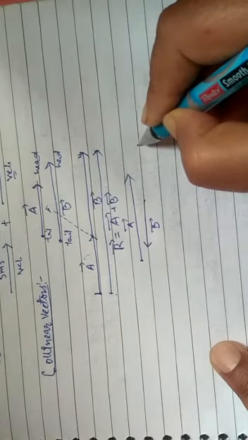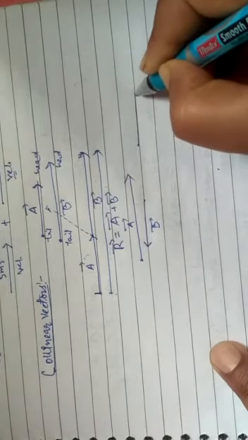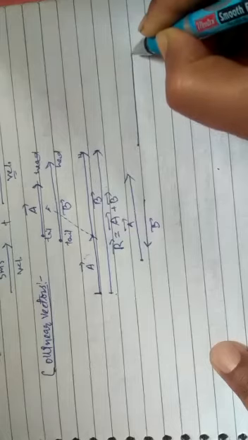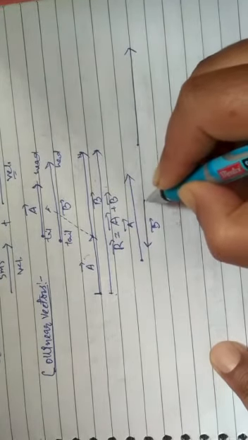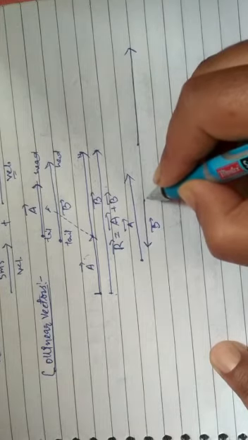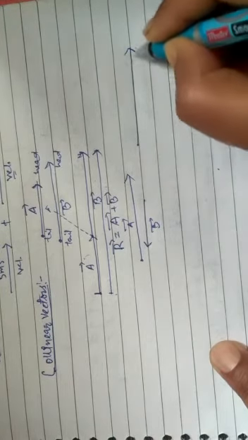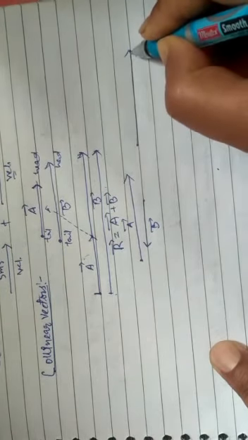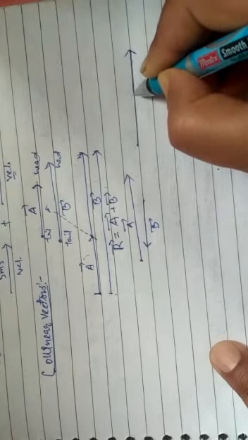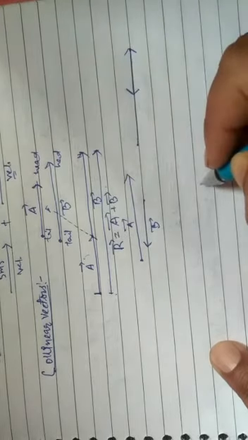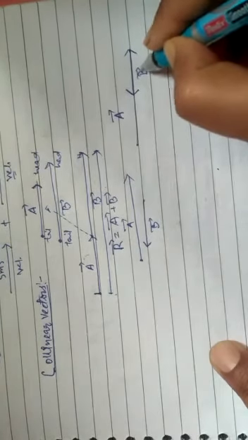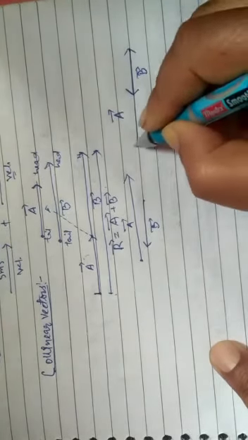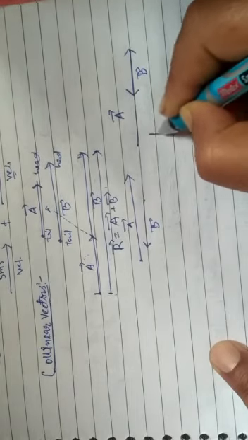First I write vector A up to this mark. Then the rule is we display the second vector without changing its direction such that its tail coincides with the head of the first. This was A, this is B, and from this point up to this is vector R.